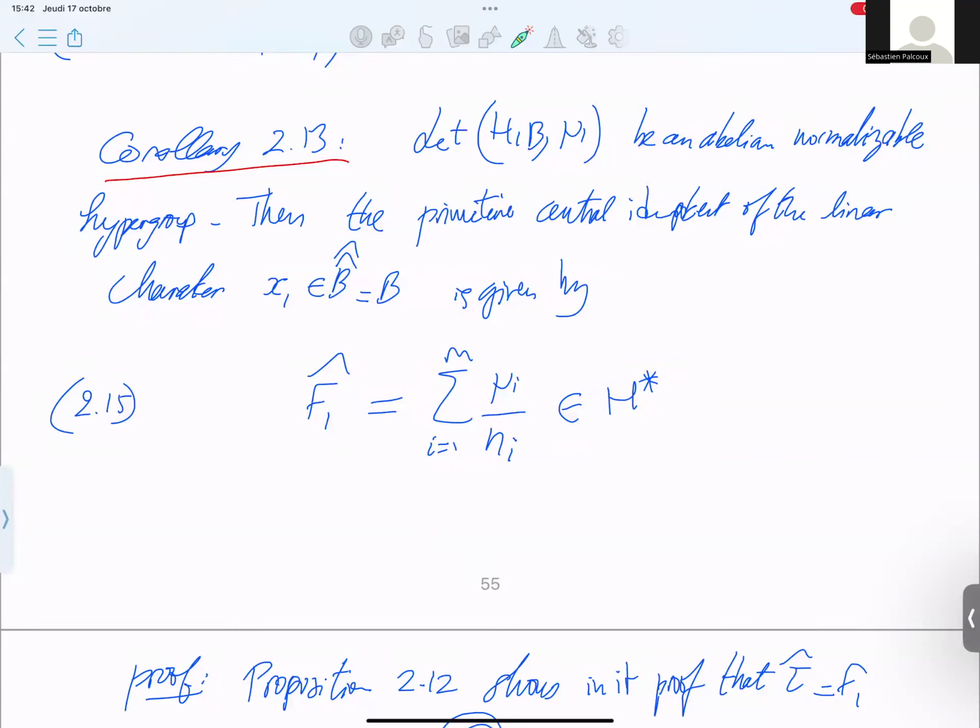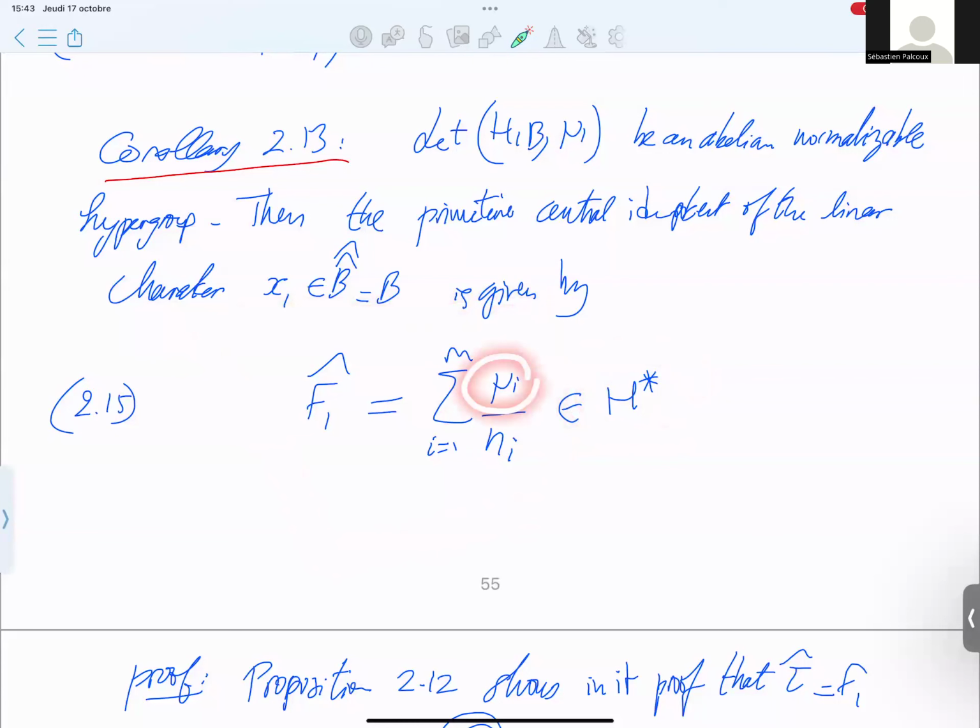Okay. So now, corollary. So now you take an abelian normalizable hypergroup. Okay. So this corollary is saying that you take the primitive central idempotent of the linear character corresponding to this element, so the unit in the dual basis, is the element in the dual, which can be written like that.